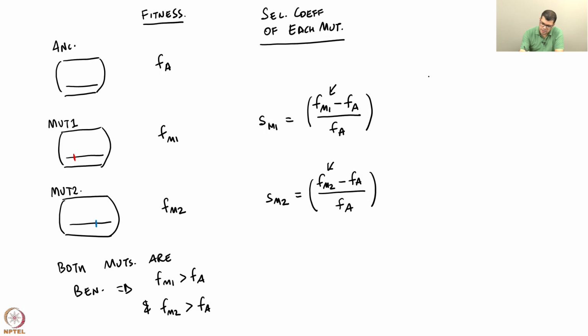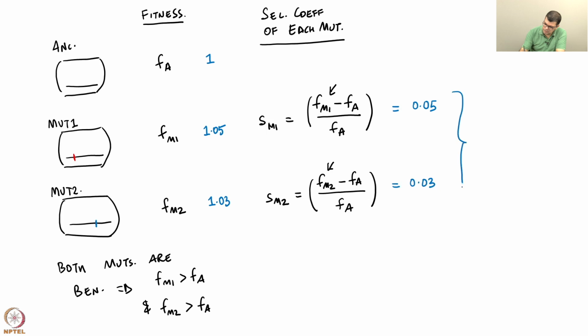What that means is that, depending on the precise values of FM1 and FM2, the selection coefficients are going to be different. Let us just take some numbers here, and let us say FA was 1, FM1 was 1.05 and FM2 was 1.03, in which case SM1 comes out to be 0.05 and SM2 comes out to be 0.03.